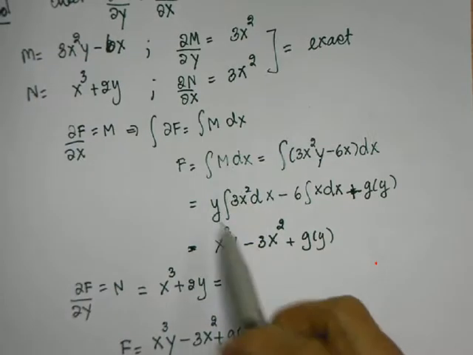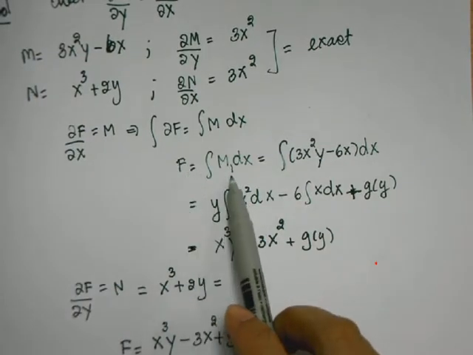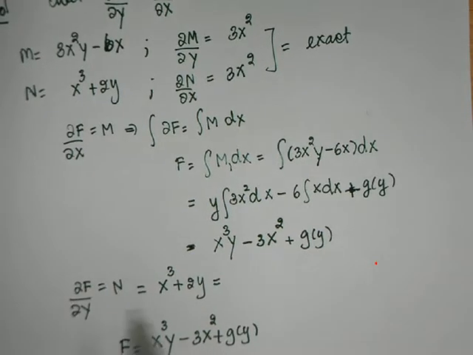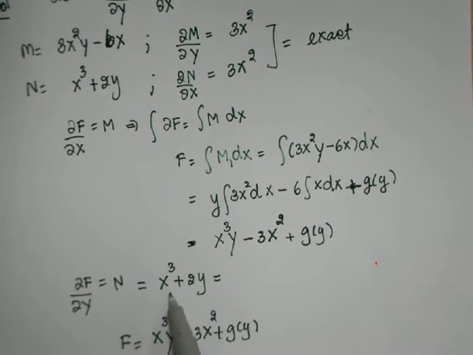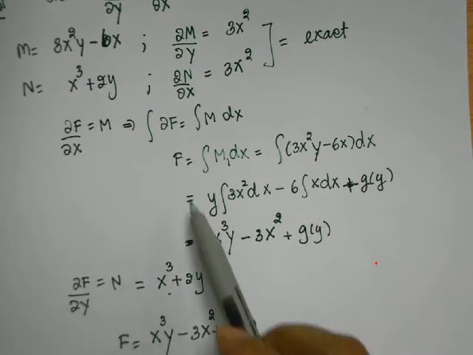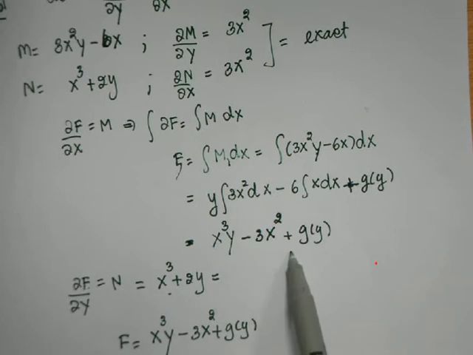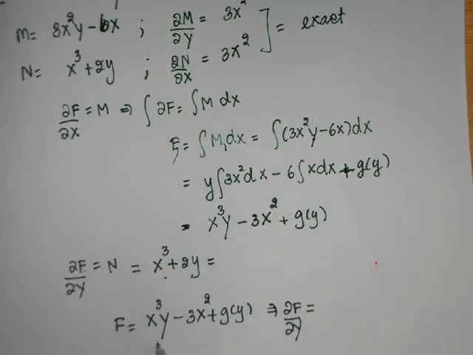That is what we find from m. But we don't know g(y) yet. We try to find g(y) from n, and we know this definition. Since we already have our f as a function like this, we do the derivative of this with respect to y. Whenever you differentiate with respect to y, you look at x as a constant.